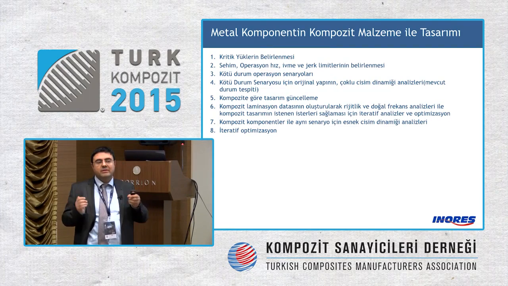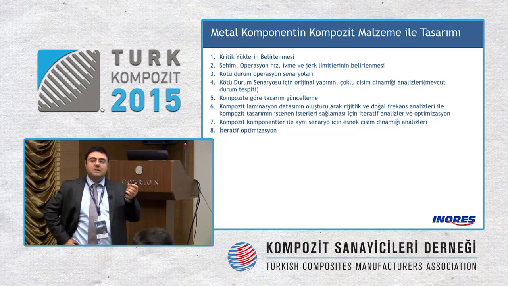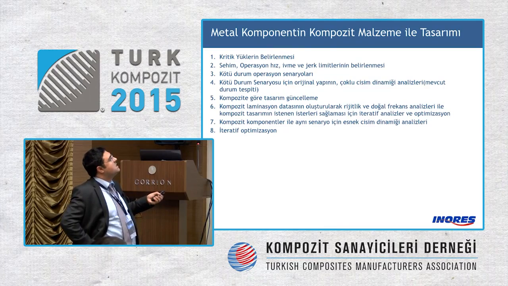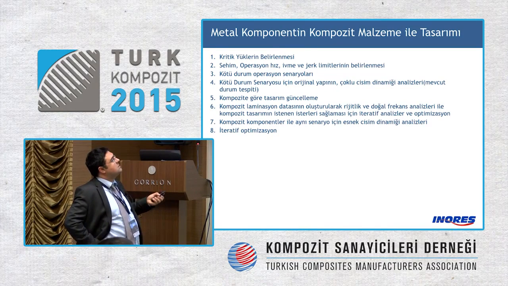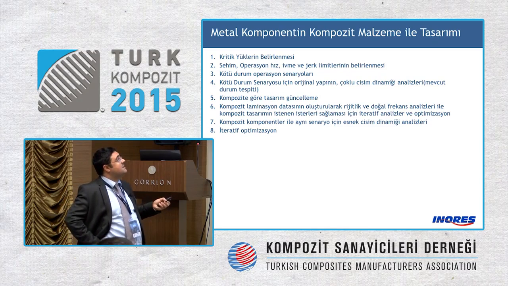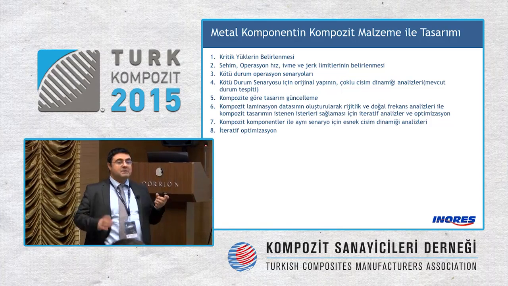Composite materials do not prefer sharp edges. Circular edges are preferred, or you can combine a few materials together. And composite lamination data should be formed to check rigidity and natural frequency analysis.